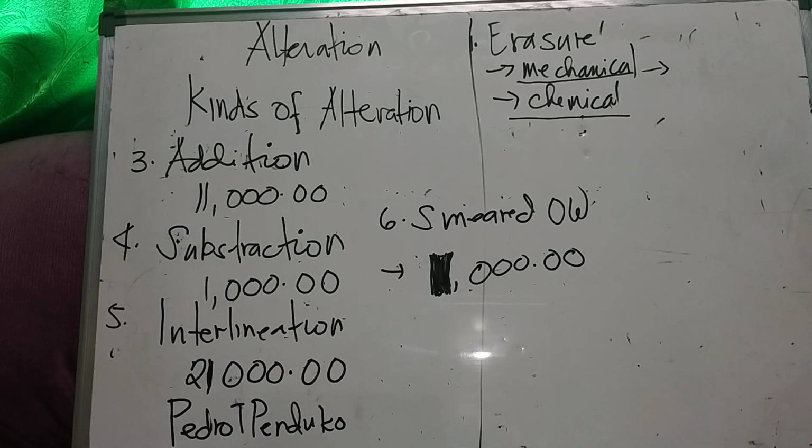But even without a magnifying glass and special lighting, we can see with our naked eye alteration with the application of addition, erasure, subtraction, interlineation, smeared overwriting, and other kinds of alteration.